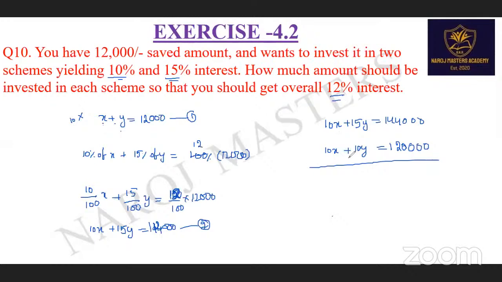Now cancel x terms. Minus, it is also minus. So plus 10x minus 10x gets cancelled. So 15y minus 10y is 5y. That is equal to 144 minus 120, means 24,000. So y is equal to 24,000 by 5.